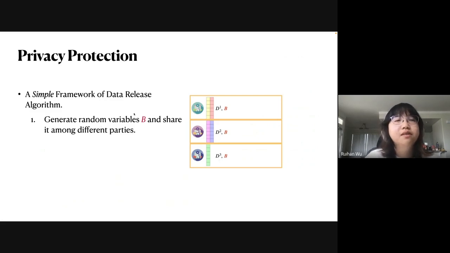Then the first step is to generate a random variable B and share it among different parties, as shown in this figure. So this B, we can say that it could be a collection of random variables. It doesn't have to be single values. We just use a unified notation here.